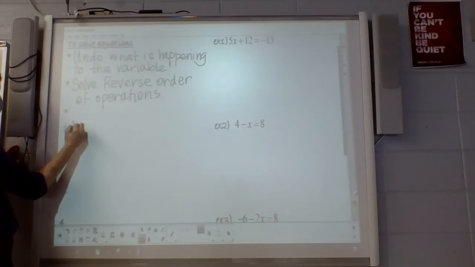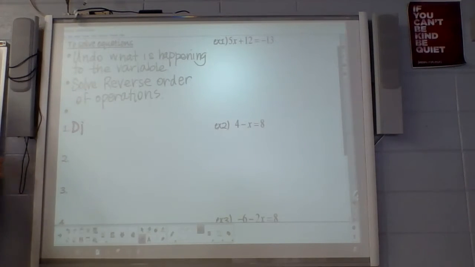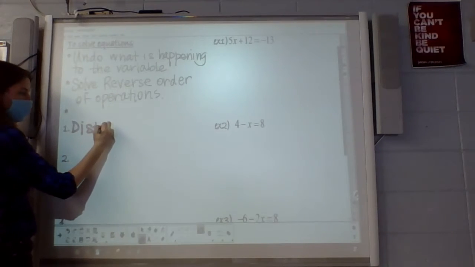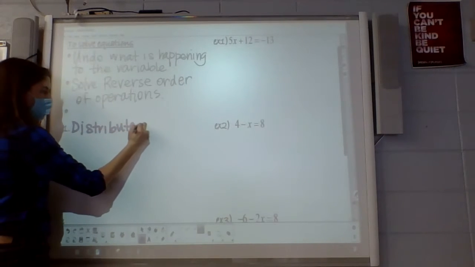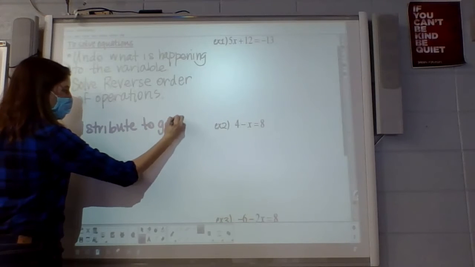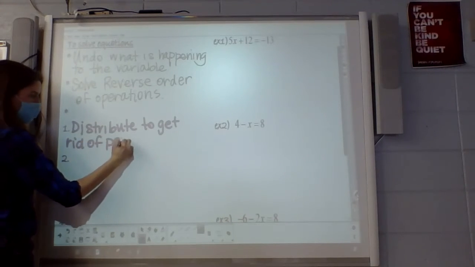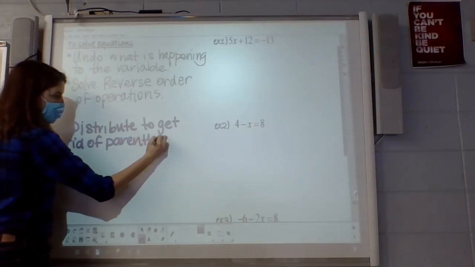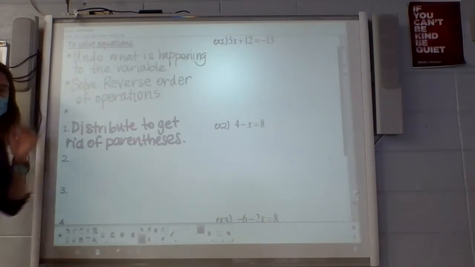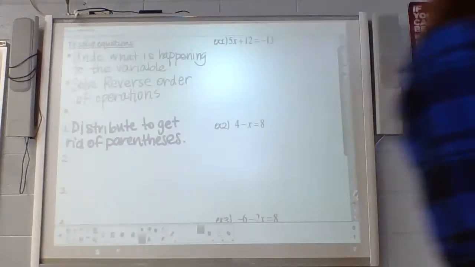The first thing, just like when we were doing in our test, we're going to distribute first. Now you're going to notice today there are no parentheses, or there shouldn't be many.